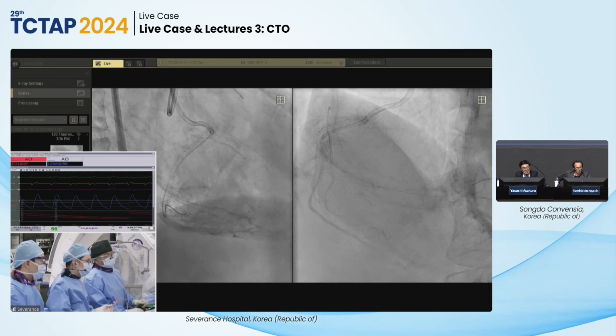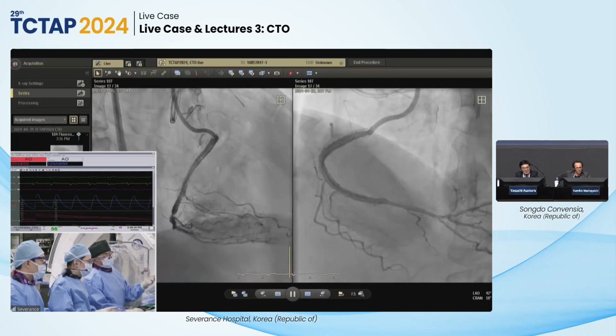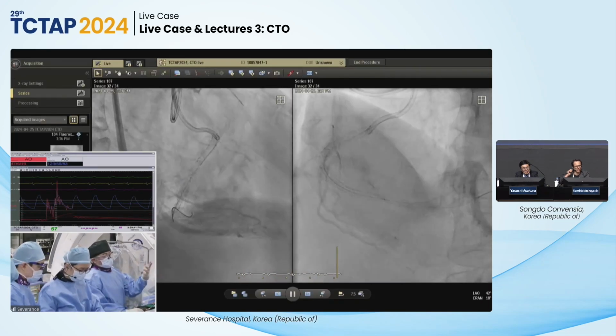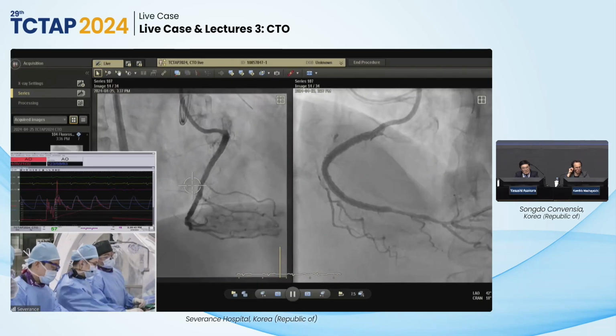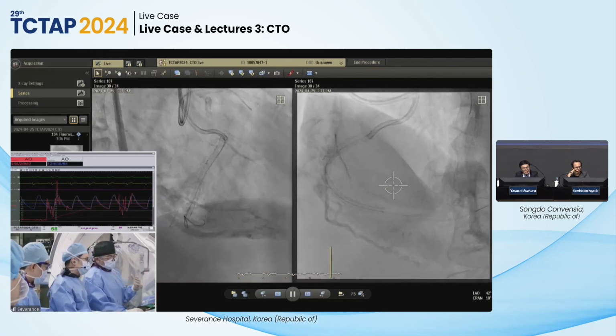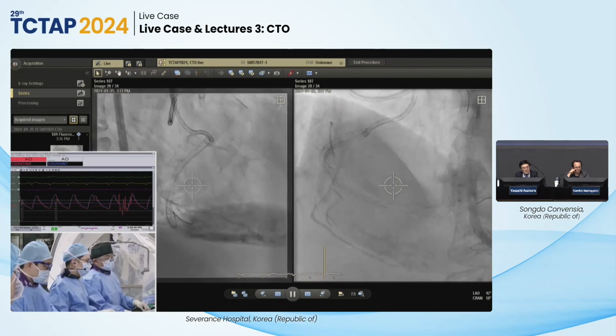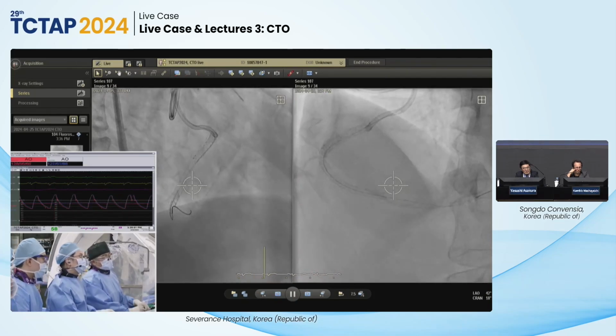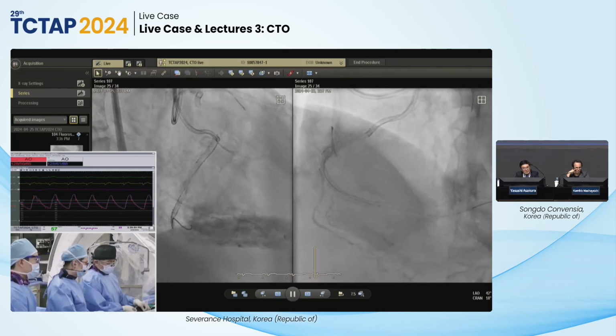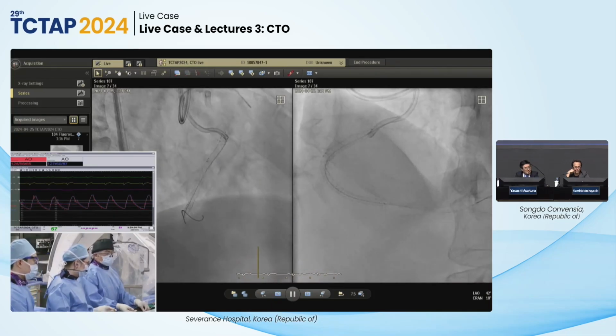Okay. So I will check again the mid portion, I think it's a great result. Yeah. So the distal RCA, in my opinion it's better to see, and also we will decide after the follow-up angiogram. What do you think? I don't think it's relevant.